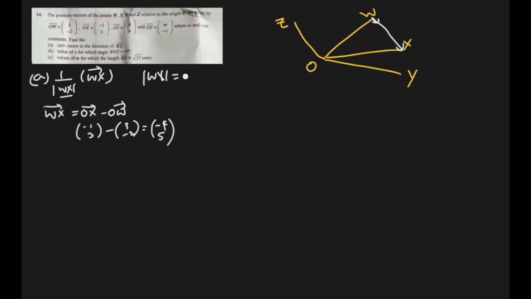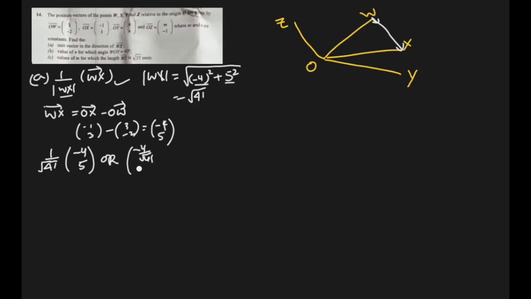So the magnitude of this vector WX will be minus 4 square plus 5 square, which is 16 plus 25, 41, square root 41. So our unit vector will be 1 over square root 41 times minus 4, 5. Or you can write minus 4 over square root 41, 5 over square root 41.